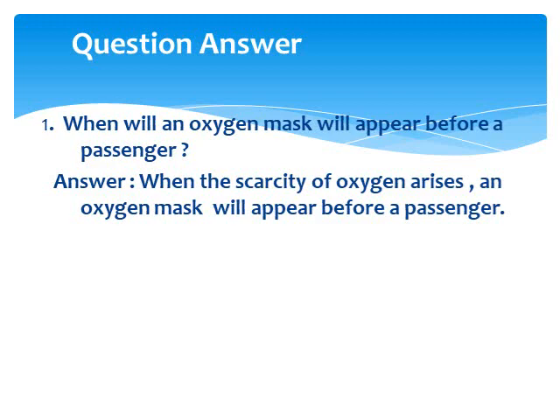So scarcity here means lack of. When the scarcity of oxygen arises, an oxygen mask will appear before a passenger. What will happen automatically? An oxygen mask will appear before a passenger. Automatically, you can write the word automatically here.